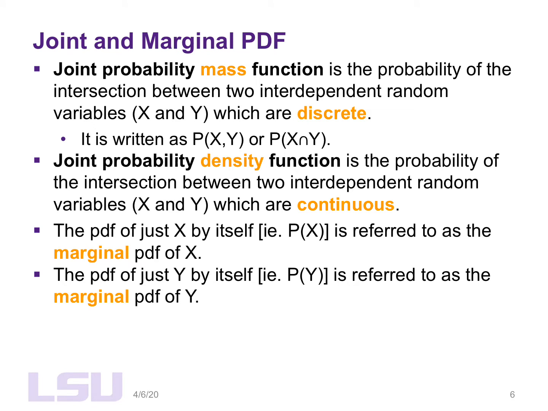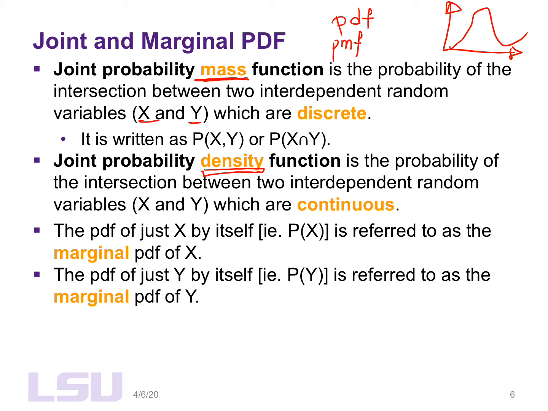Now we move on to joint and marginal PDFs. The main thing here is the difference between density function and mass function. So previously we've been using them almost interchangeably and saying PDF is whenever you have this, right? But the main difference is PDF is for continuous functions, whereas PMF, which is probability mass function, is for discrete functions.